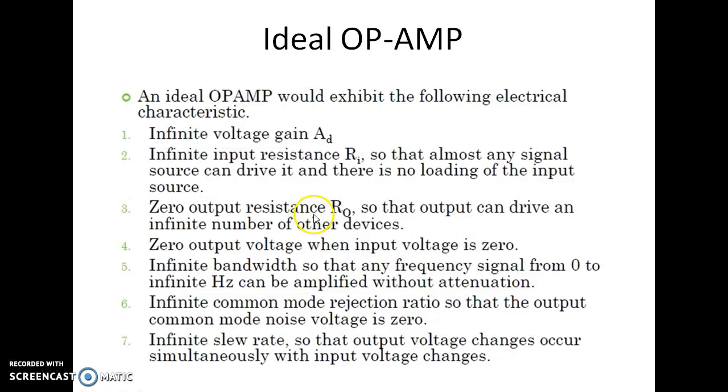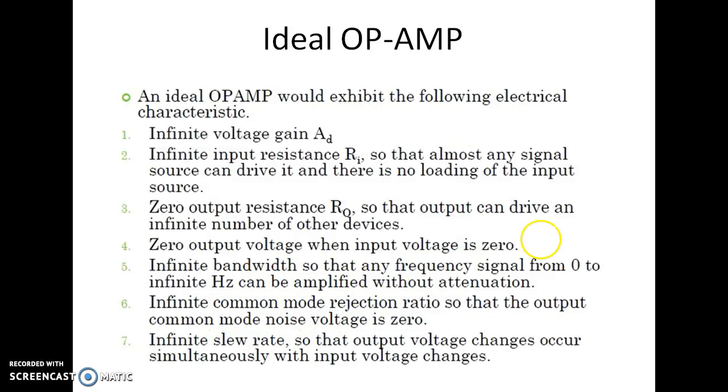Zero output resistance R0 we can consider, so that the output can drive an infinite number of other devices. Zero output voltage when input voltage is 0. Infinite bandwidth, so that any frequency signal from 0 to infinite hertz can be amplified without attenuation.